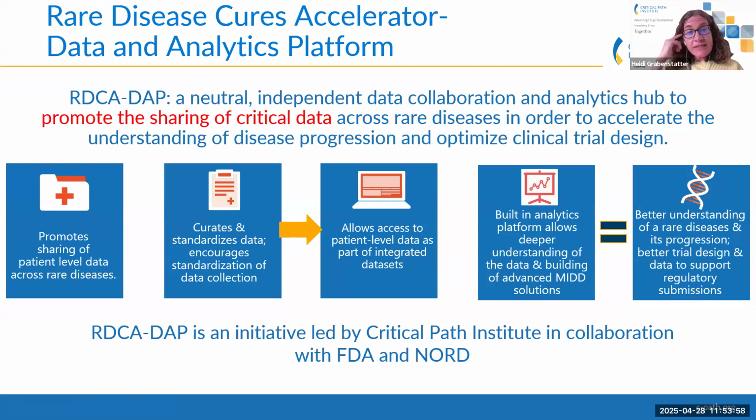So RDCA DAP, as I had said before, is an independent, neutral convener collaboration with analytics that promotes the sharing of critical data across rare diseases in order to accelerate understanding of disease progression and optimize clinical trial design. Ideally, the data that comes in is curated and standardized using FAIR data practices to encourage further standardization and allow access to that patient-level data as part of the integration of data sets.